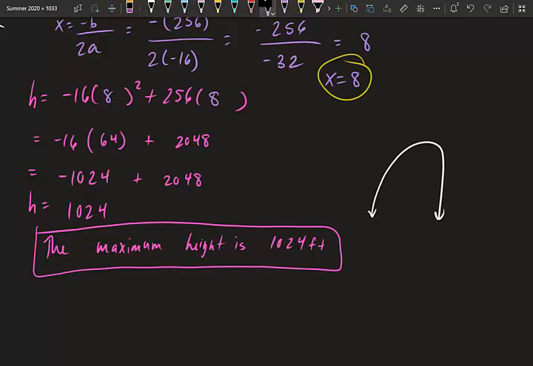This is the vertex right there, which we know is (8, 1024). So that means it fires up, and 8 seconds have gone by. And at that 8 seconds, we're at 1,024 feet. After that, it's going to start to go back down. That's what we just found.